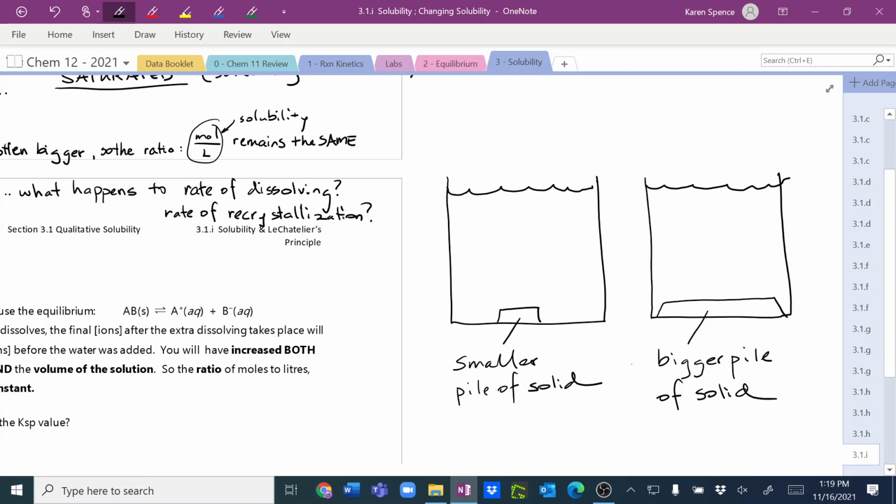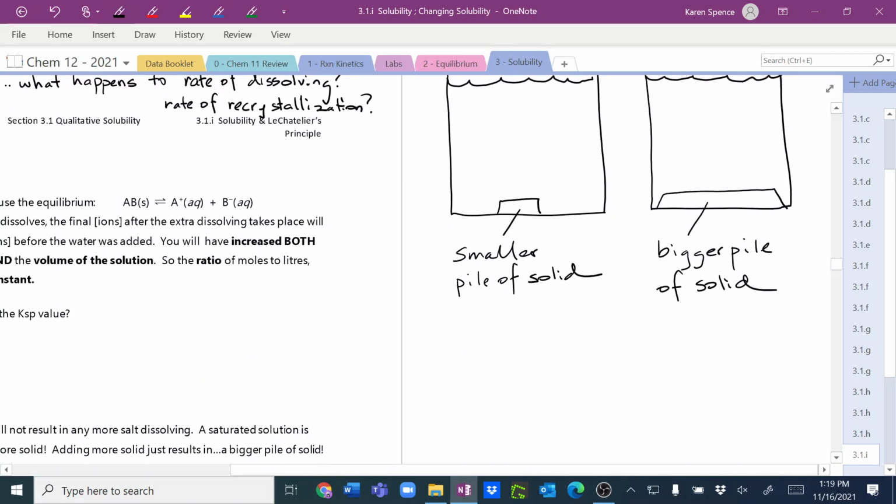What factor affecting reaction rates are we changing? Yes. We are changing the surface area, yes?